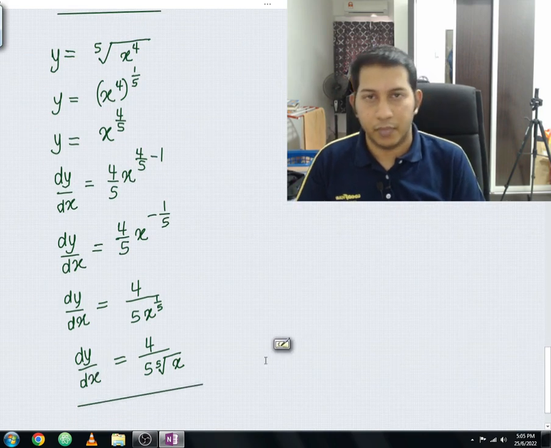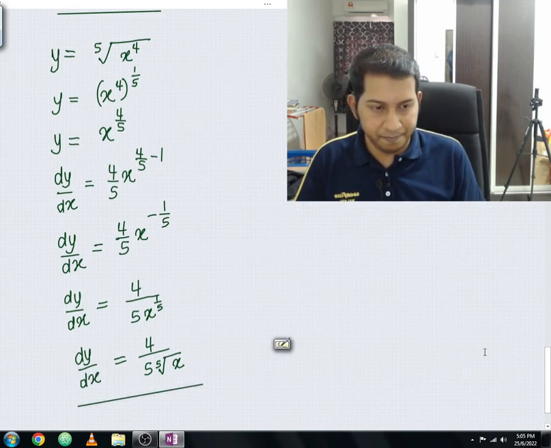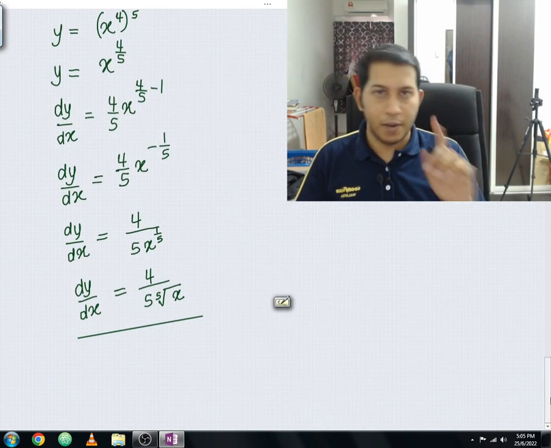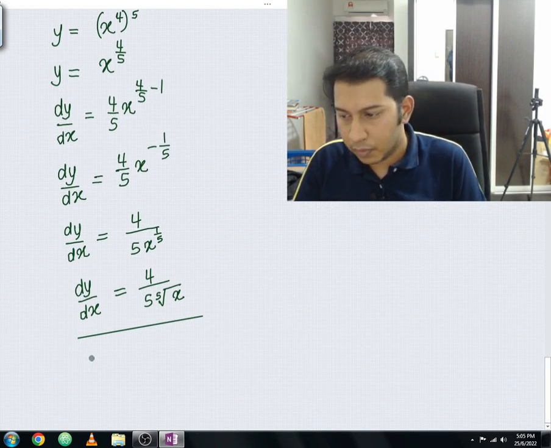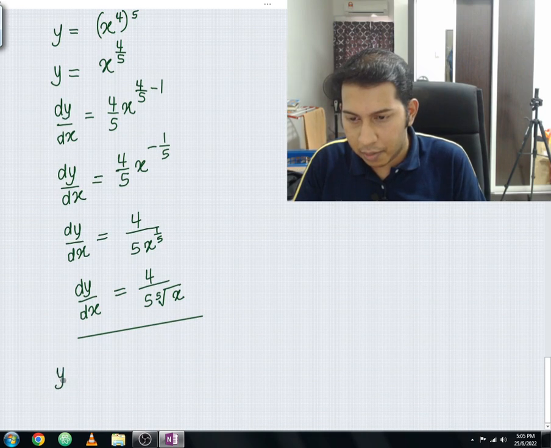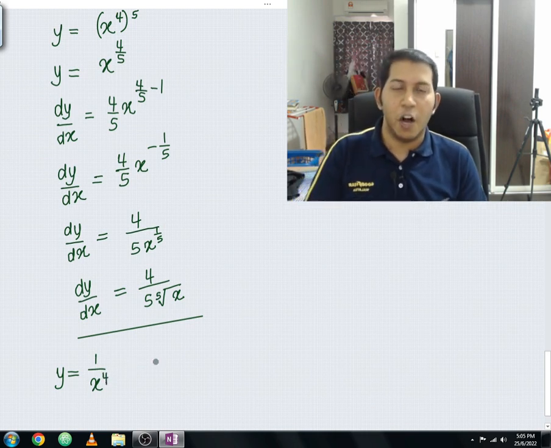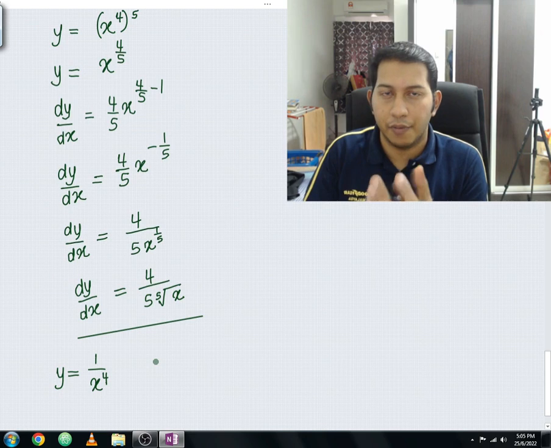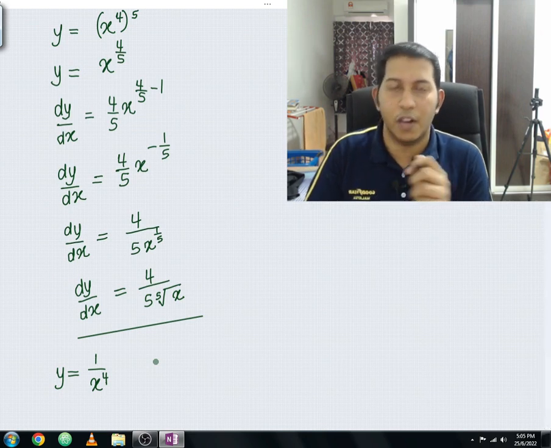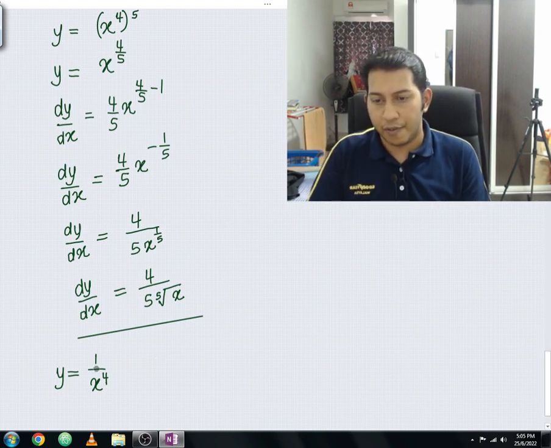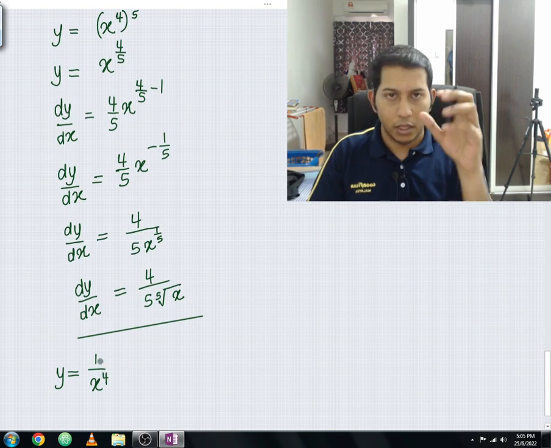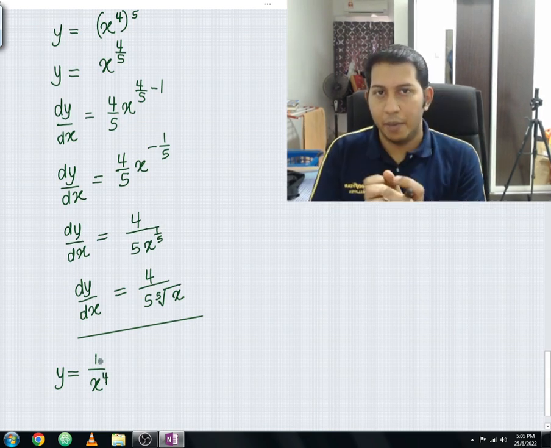Okay, all right. We still have one more example left. So let's say you have y equals to 1 over x to the power of 4. So how are we going to find the differentiation of y equals to 1 over x to the power of 4? Now you have a fraction and you have an index in the denominator.